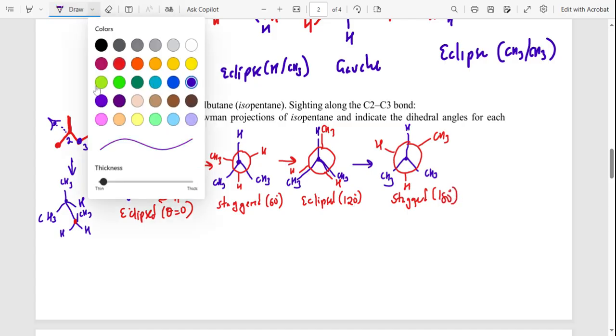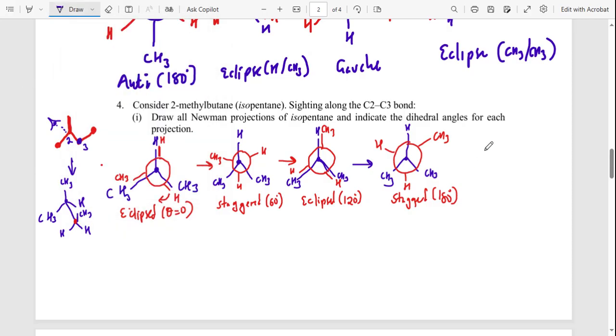We'll do another rotation. The carbon in front will still be there. This is hydrogen, and then this is CH3. This is CH3. The carbon that is at the back now, that's the one in red.